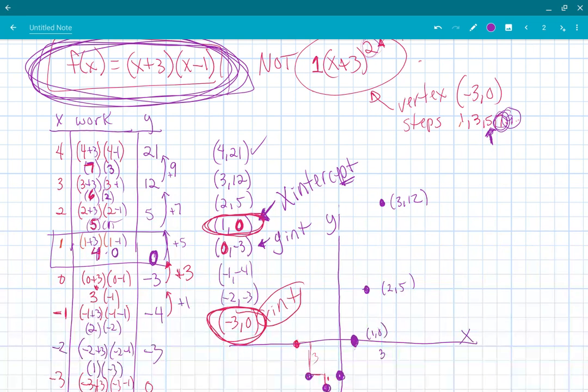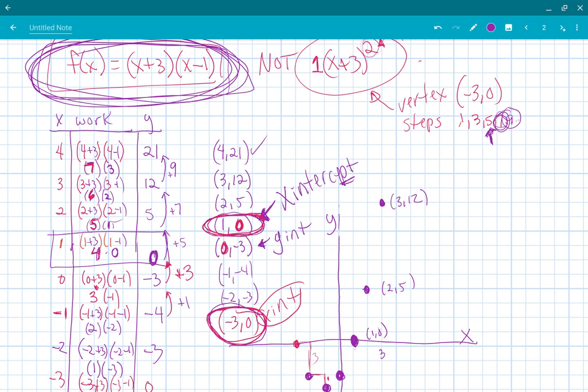So my x-intercept is -3. Do you see -3 inside of the function in the equation? Do you see the -3, or is there the opposite of -3? Opposite of -3, right? Now the other x-intercept is +1.